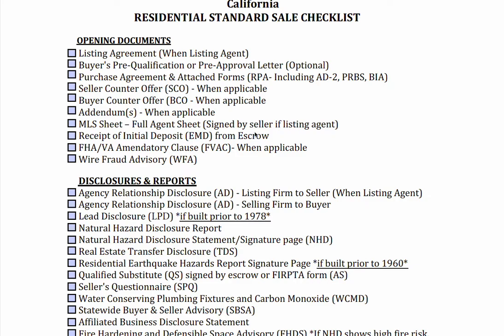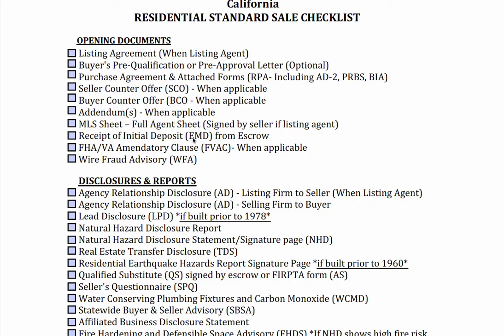Now the agent's misrepresenting features about the property, and that causes a legal risk. So by having the seller view and certify the information on the listing sheet, that further reduces the risk of misrepresenting the property.